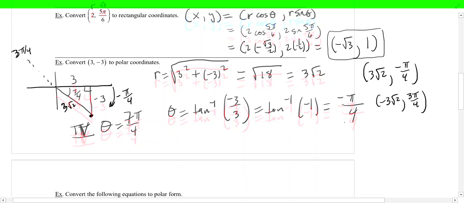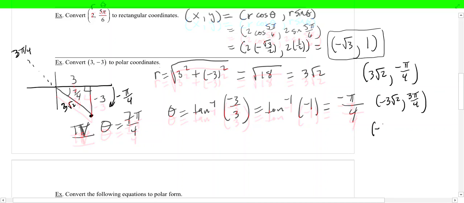And then you could also rewrite them. You can write it any combination that gets you the same point. So instead of doing the negative pi over 4, we can also do 7 pi over 4, which doesn't work with the inverse tangent, but we're just talking about naming a coordinate, and we don't really care. It's like the whole spinner thing where you can get the same angle using multiple spins.